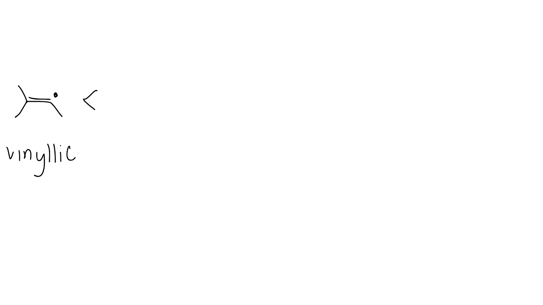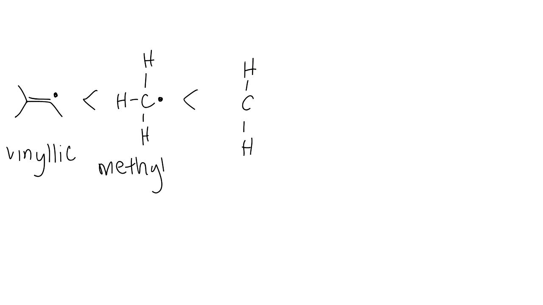So then our next radical is going to be a methyl radical, where we have CH3 and our lone electron. So this is called methyl. Vinylic and methyl are really very close in stability, but vinylic is a little bit less stable. So after methyl, we're going to have primary, which means there's one other group on there.